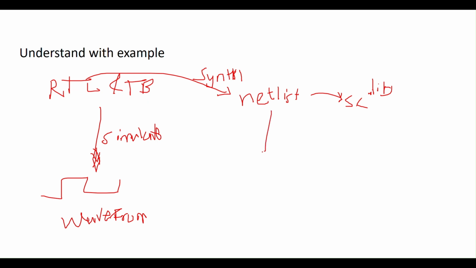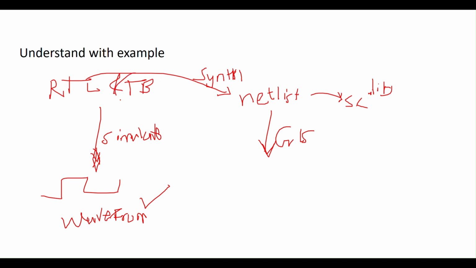Suppose here we got the correct waveform, so we performed synthesis. But what is the guarantee that after synthesis the functionality is the same? For that we will use gate level simulation to see if the RTL waveform and the gate level waveform are the same and the functionality has not changed during the synthesis process.